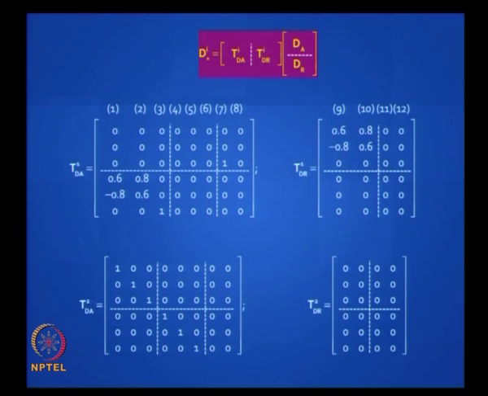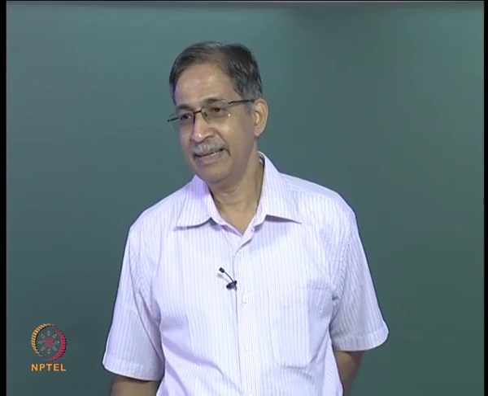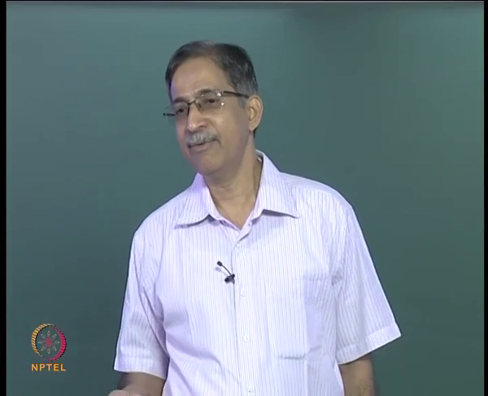So actually the TD matrix for each element will have a size 6 into 12, which you can partition into 6 into 8 for TDA, active degrees of freedom, and 6 into 4 for restrained degrees of freedom. And most of the elements in the matrix will be zeros, except where you have a degree of freedom which is active.